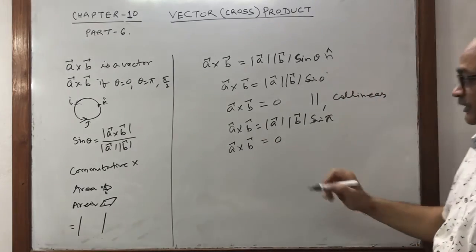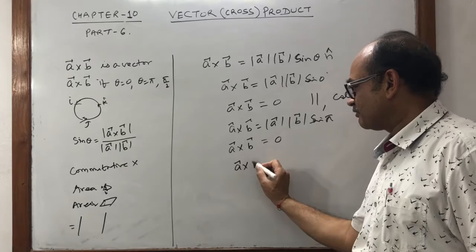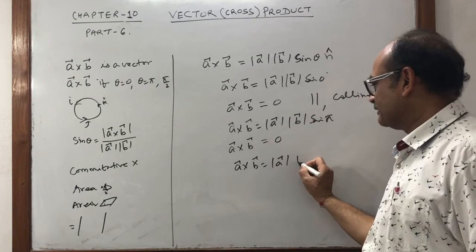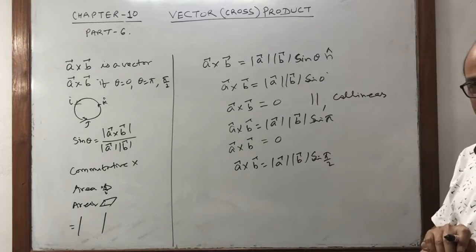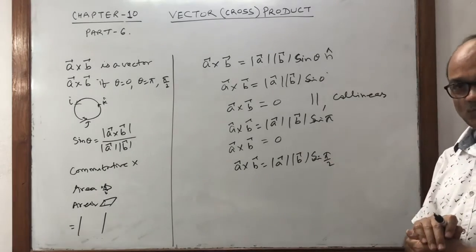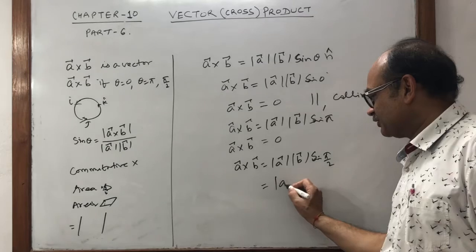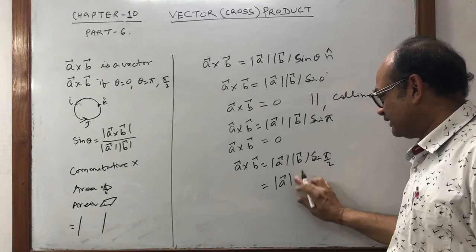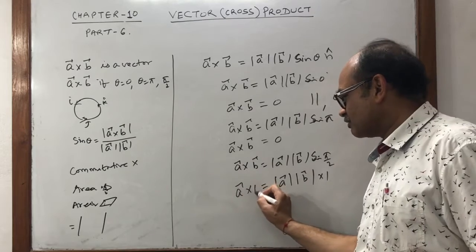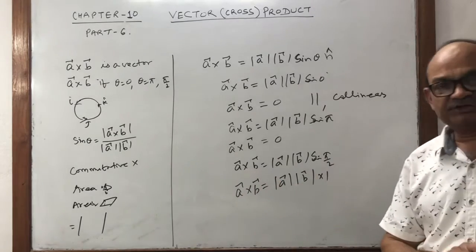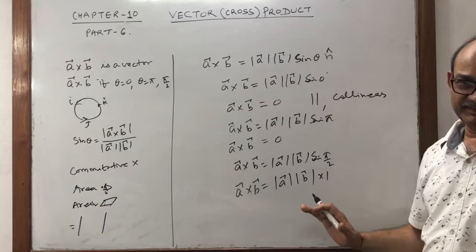If theta is pi by 2, third case, A cross B equals magnitude A, magnitude B, and sine 90. What is sine 90? 1. It means magnitude A, magnitude B, and it is 1. So A cross B is nothing but the magnitude of A and magnitude of B.